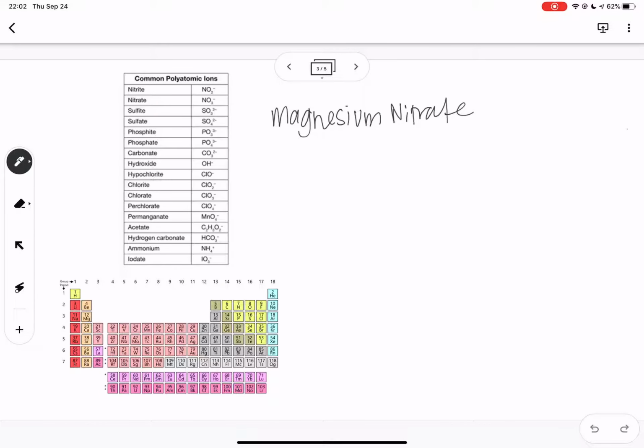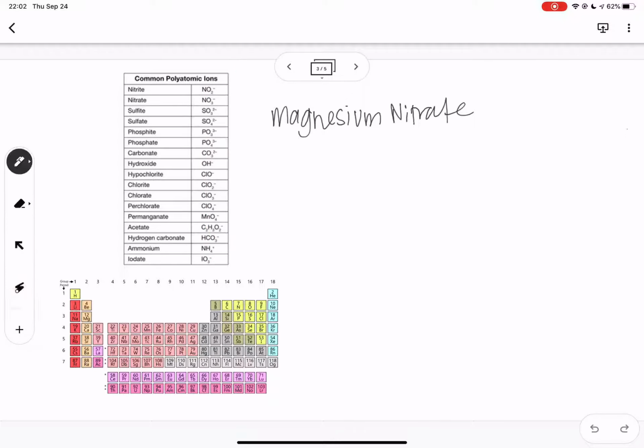What about the polyatomic ions? Again, I want to make sure that you understand that when you're naming these compounds, you are never going to change the names of these, and these charges are also set in stone. You can't change them.